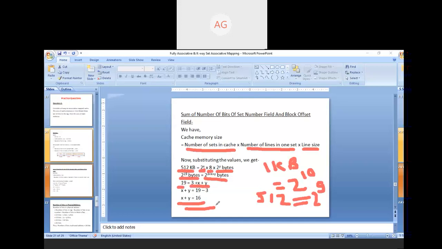So x plus y is 16, and the number of bits in the tag is given to us, which is 7. From this we can find out the physical address. Do all of you understand this concept, how we equate the two sides, because the calculation is in terms of powers of 2?